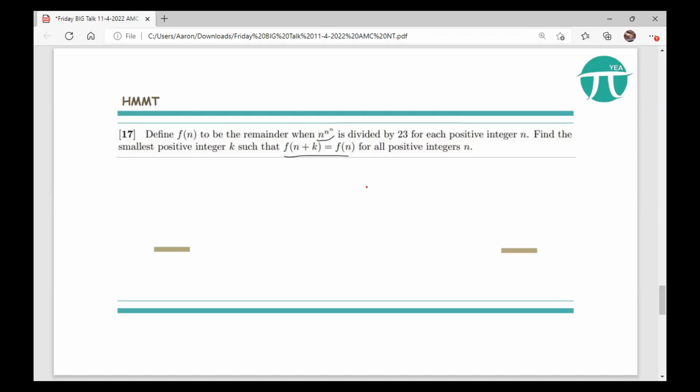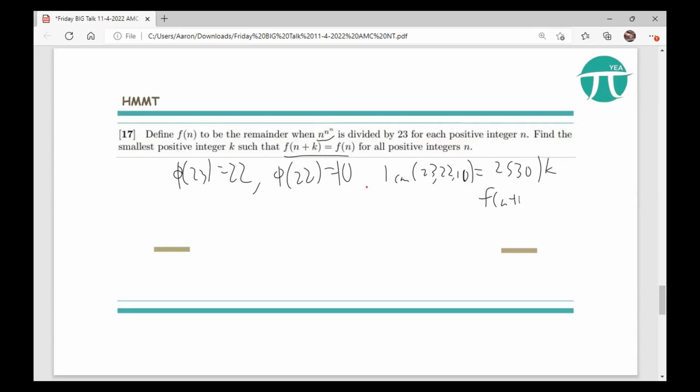You can see that phi of 23 is equal to 22, and conveniently phi of 22 is 10. And so if the LCM of 23, 22, and 10, which is 2,530, divides this number k, then f(n + k) equals f(n) is always true.